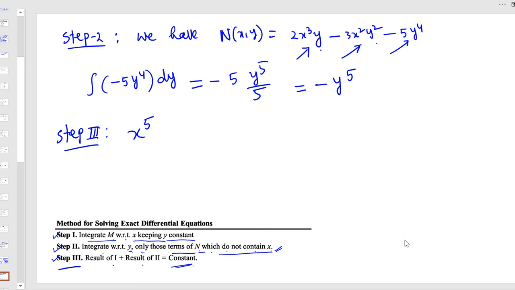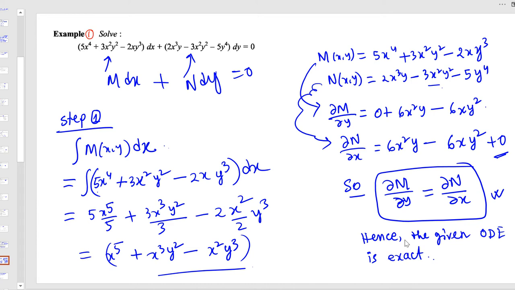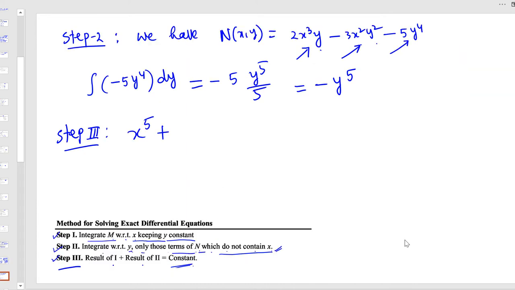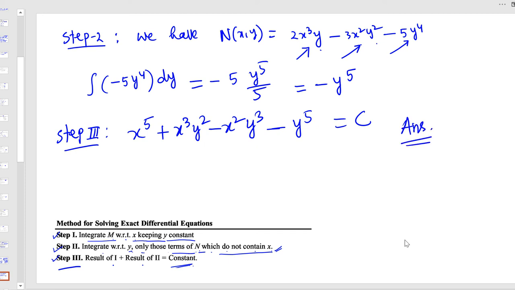So x to the power 5 plus x cube y square minus x square y cube, and then minus y to the power 5 equals c. So this is our required solution for the given exact differential equation.